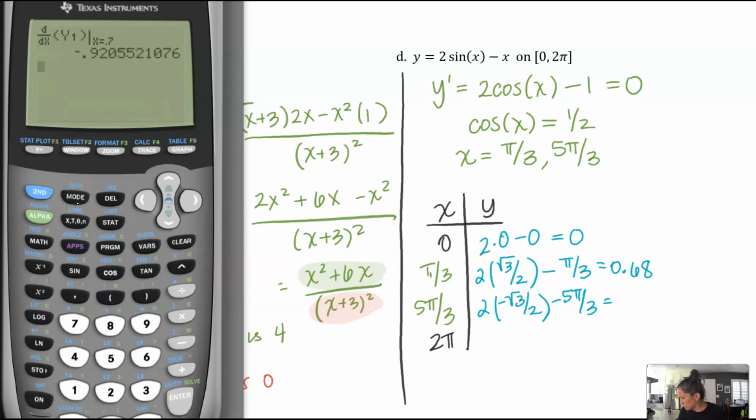All right, let's see. 2 times negative square root. I really hate that I'm doing this. Next time I'm using Desmos for the calculator. We've got one more of these, and I'll suffer through it for this last one. 5 pi divided by 3. Cute. All right, negative 6.97.